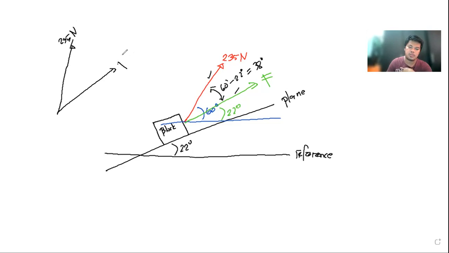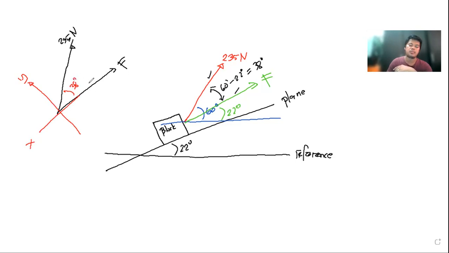So this would be force F. To make the analysis easier, we can set this one as our x-axis, and this one will also be our y-axis. And the angle between the two is 38 degrees.